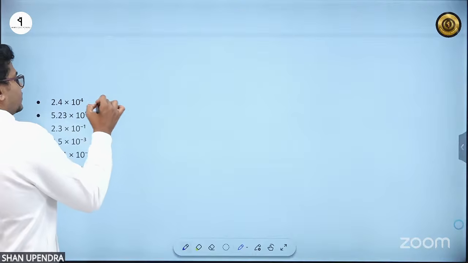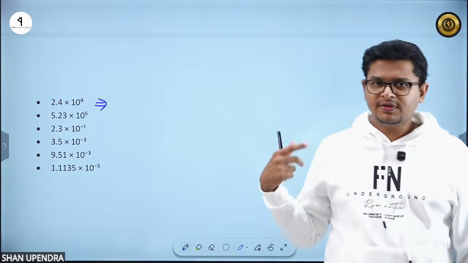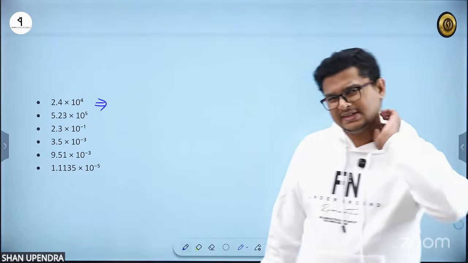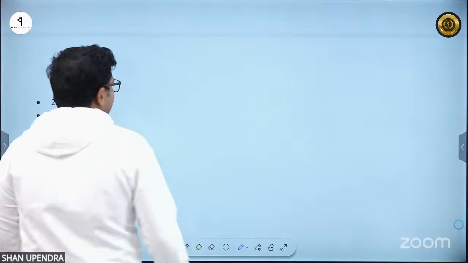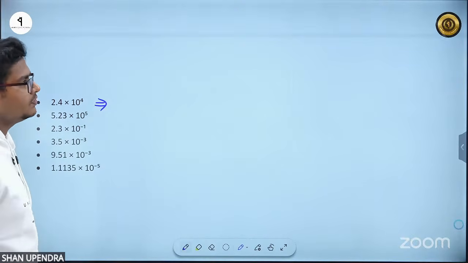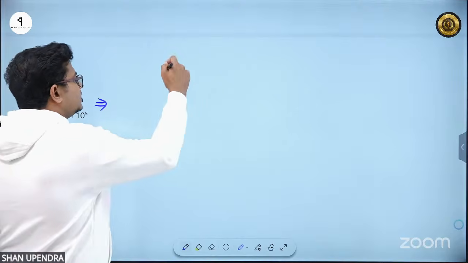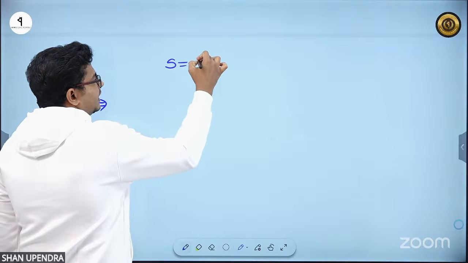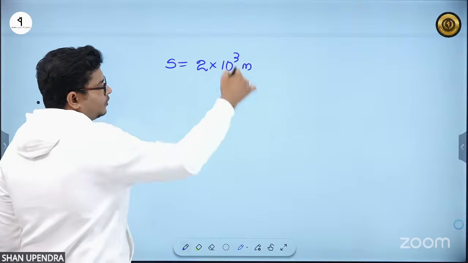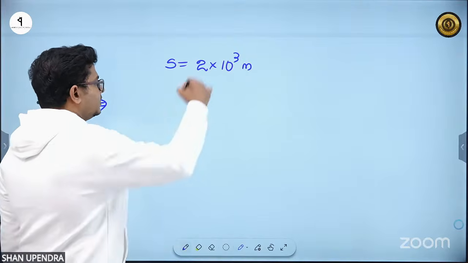Can you write this one? But normally in the exam, if the values are given in scientific notation, substitute the values also in scientific notation. As an example, we learned the linear motion equation. Let's take as an example, s is 2 into 10 to the power 3 meters. That means it's 2 kilometers.